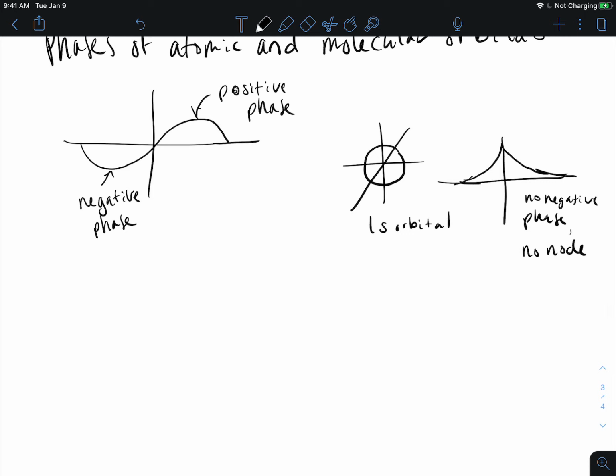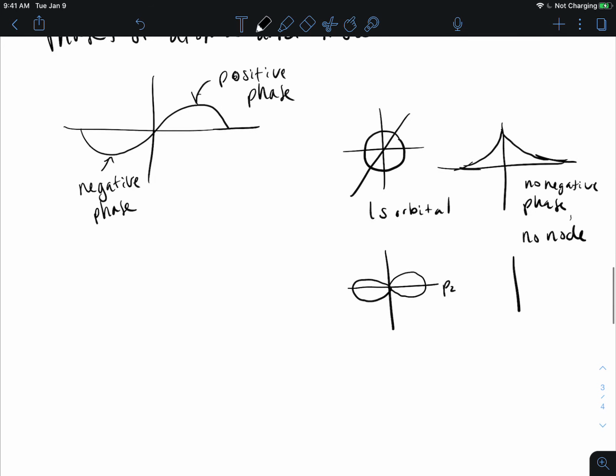If we look at a pz orbital, like so, we would get something that looks like this, where we have a negative phase and a positive phase with a node in between them.